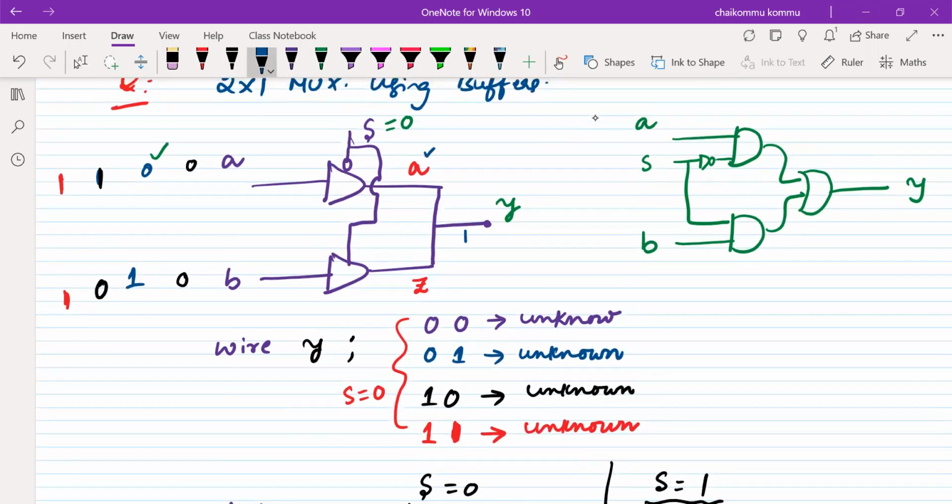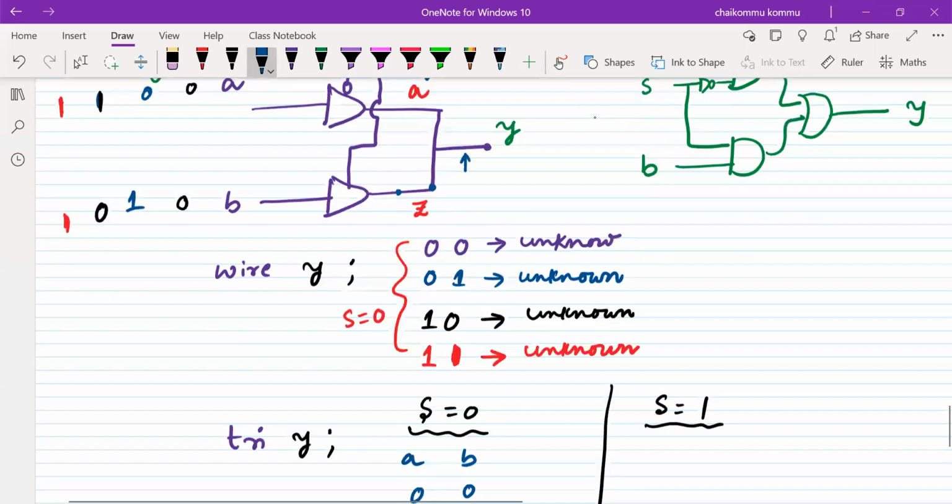Because this is a tri-state, the high impedance state is not at all taken into consideration. It becomes an open circuit now, simply an open circuit. Therefore only A will be considered as the output.